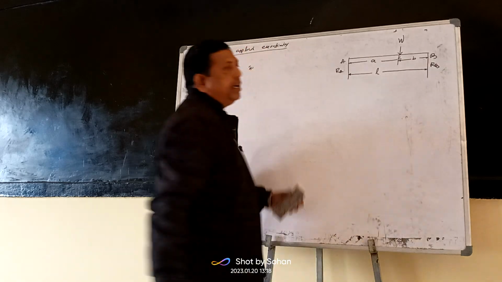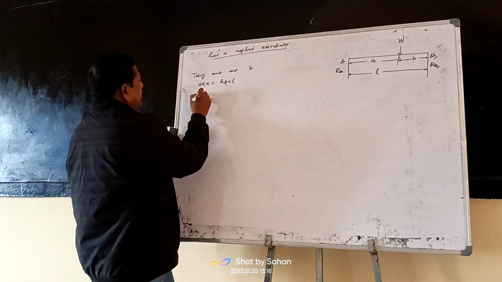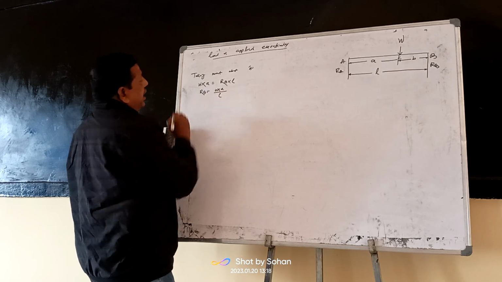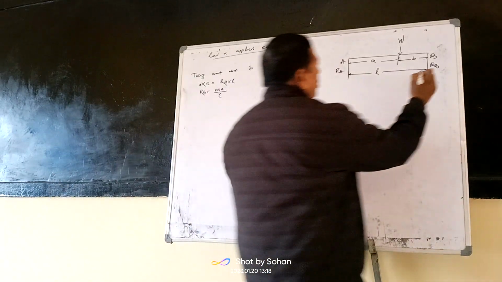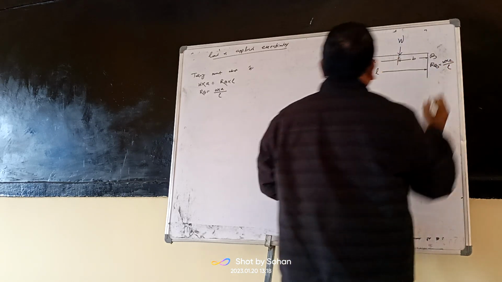Clockwise moment is equal to anti-clockwise moment. So RB is equal to W into a by L.